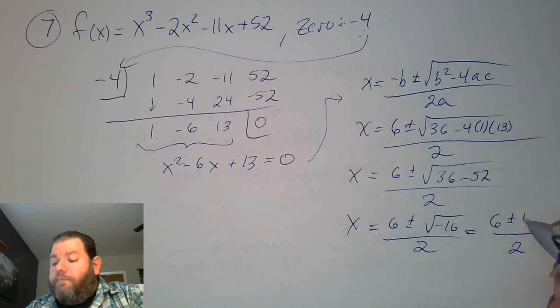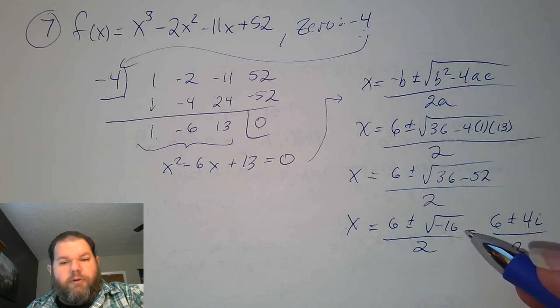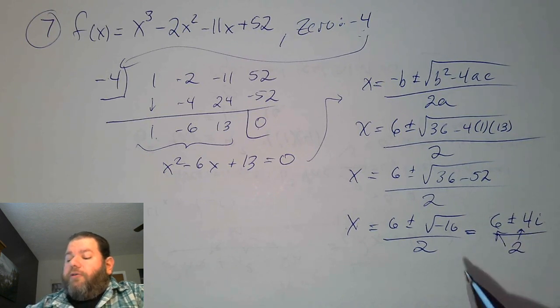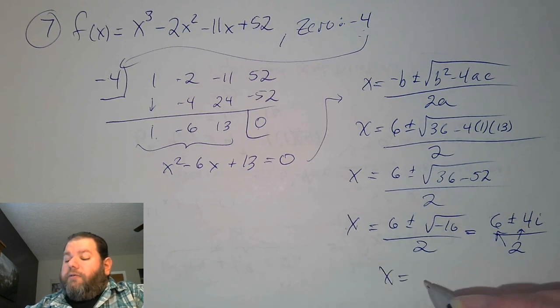It's 4i. It's imaginary because we have a square root of a negative, but normally the square root of 16 is 4 anyway. So it's imaginary with a 4 on it. And then we can just take our 2 and divide that into both of those numbers. So x is 3 plus or minus 2i.